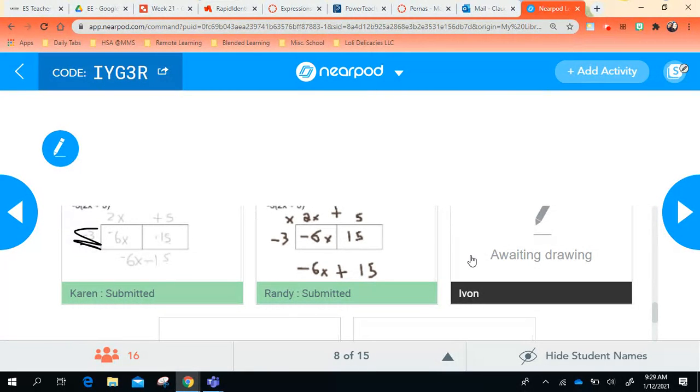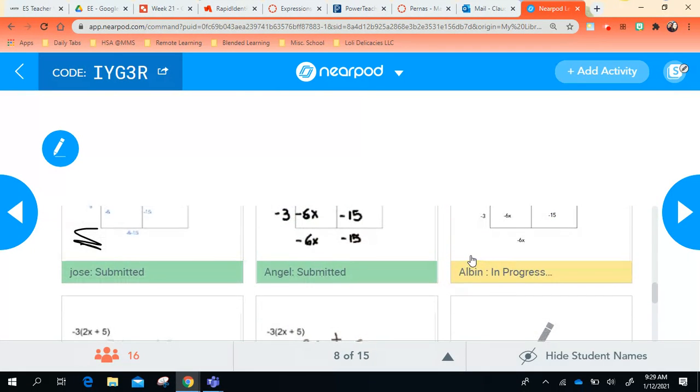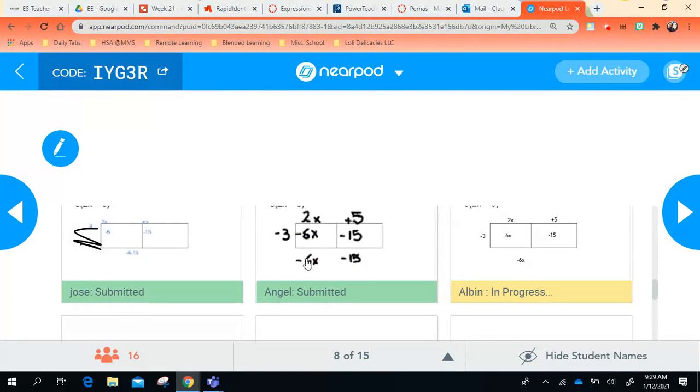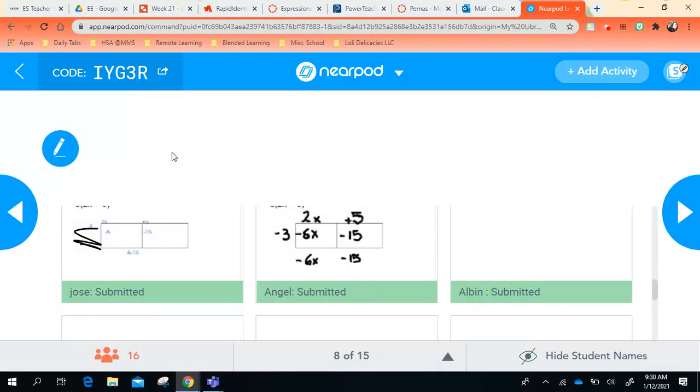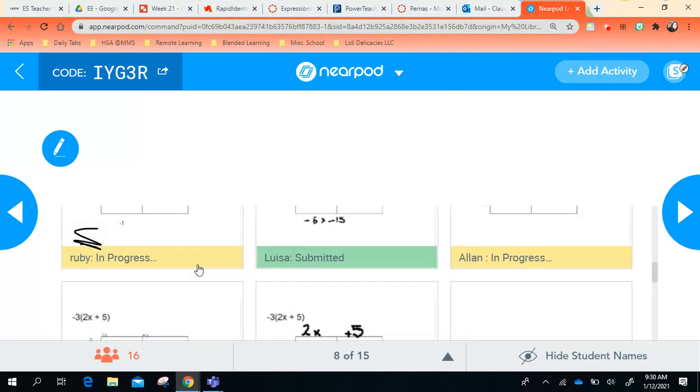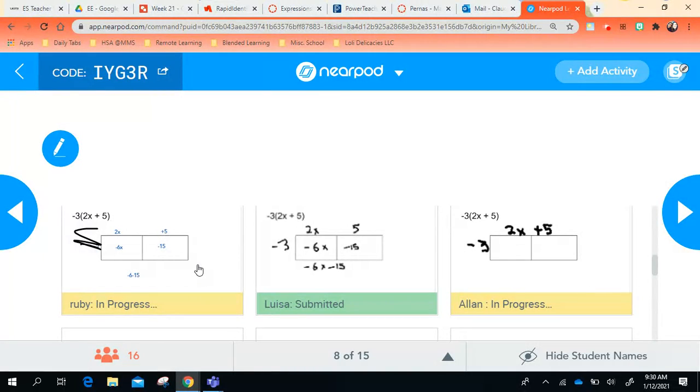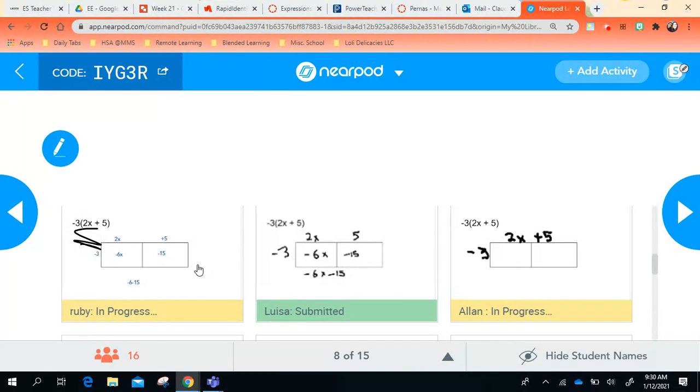A negative times a positive should not be giving you a positive. Hey, Jose, don't forget your variable. Alan, that's much better. Ruby, don't forget to bring down your variable.